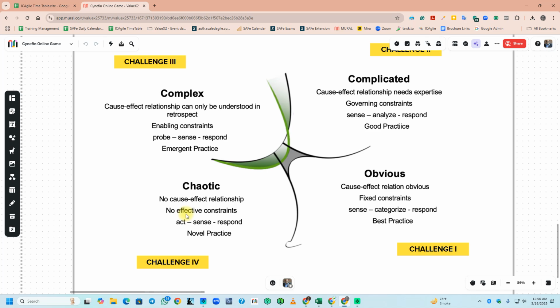So you request the customer that you will help them to experiment and try to solve that particular issue. So this is the Cynefin framework that you can utilize not only in your life, but also in your organizational setup as well.